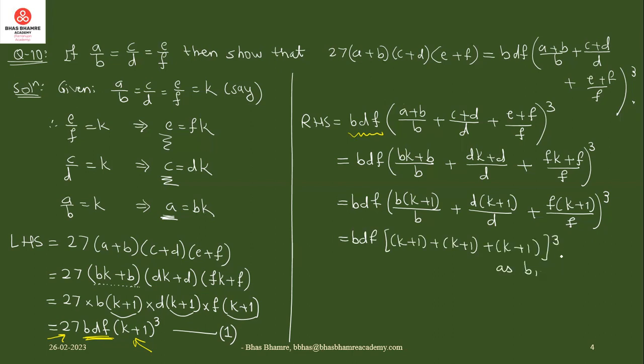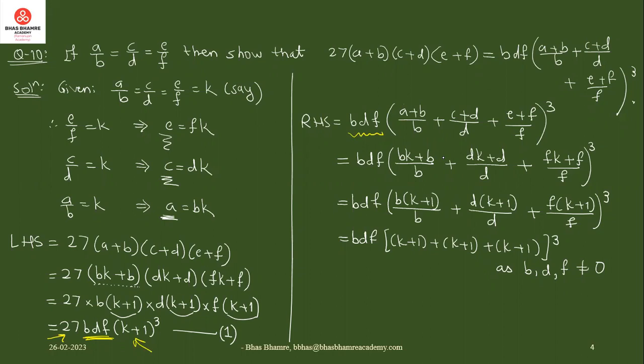And we say that since BDF is not equal to 0, we could cancel them. Whenever we cancel out the literal term, we must have the reason. Why could we cancel that?